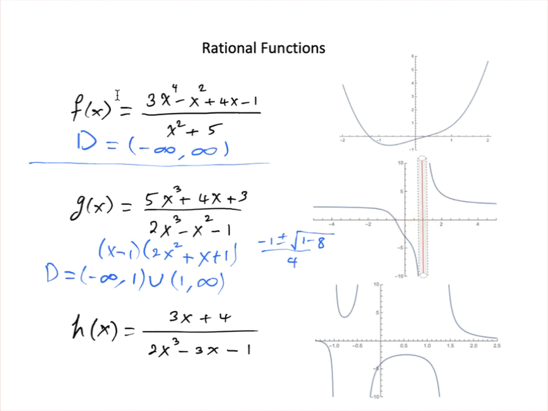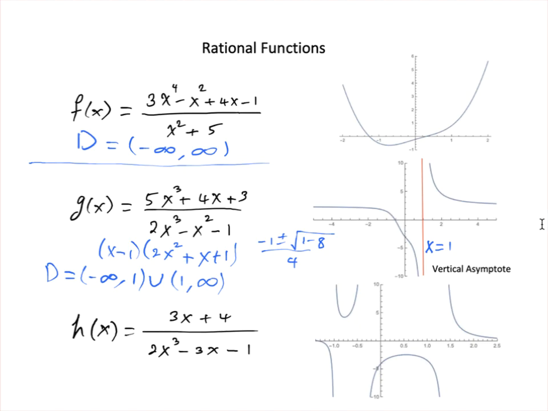This line has equation x equal to 1, and this line is called a vertical asymptote. The property of the line is that as x gets close to 1 from the right or from the left, the graph gets close to this line, and that's what we call a vertical asymptote.